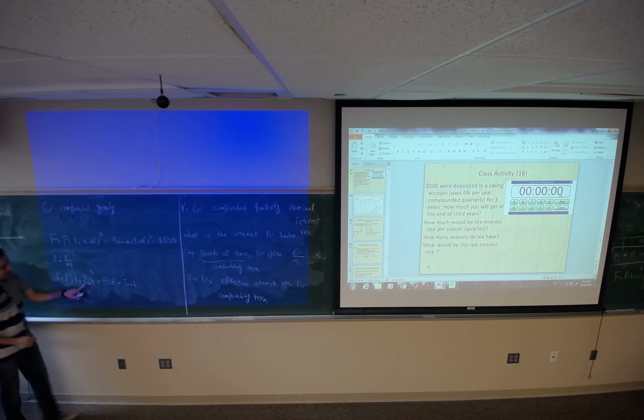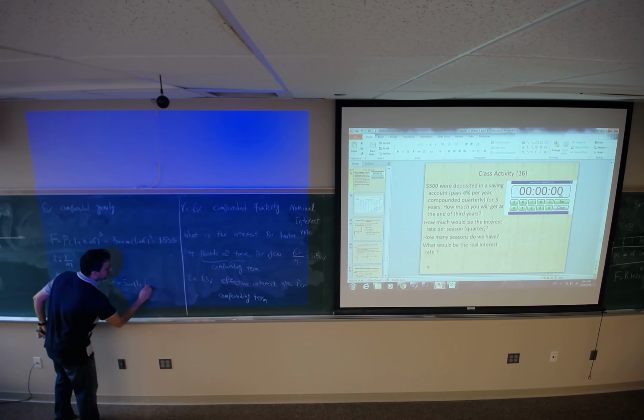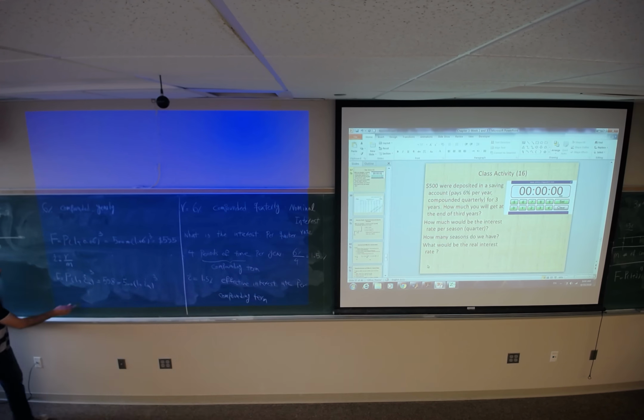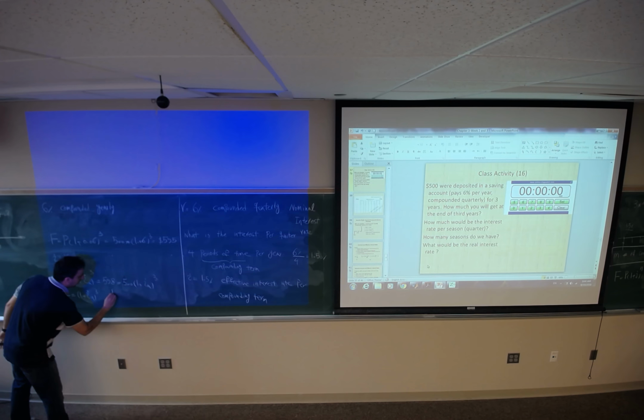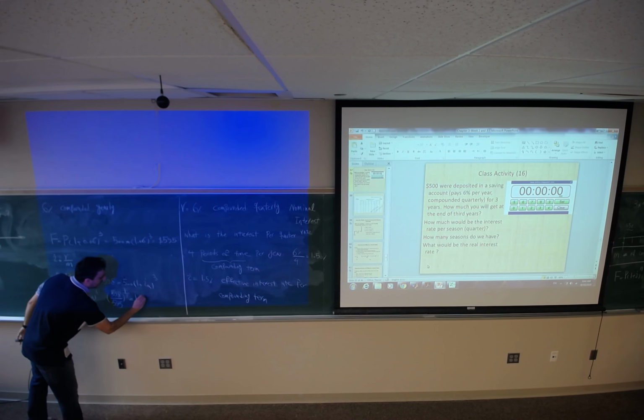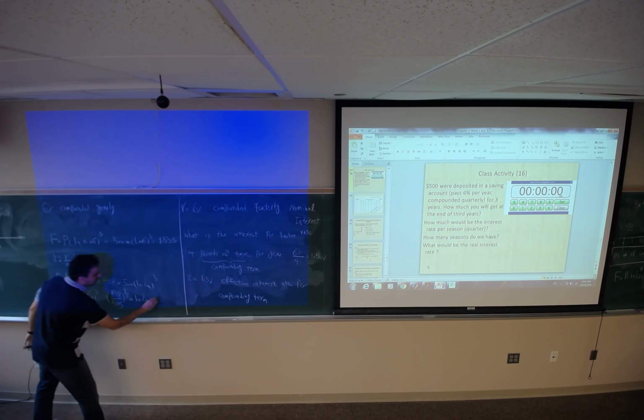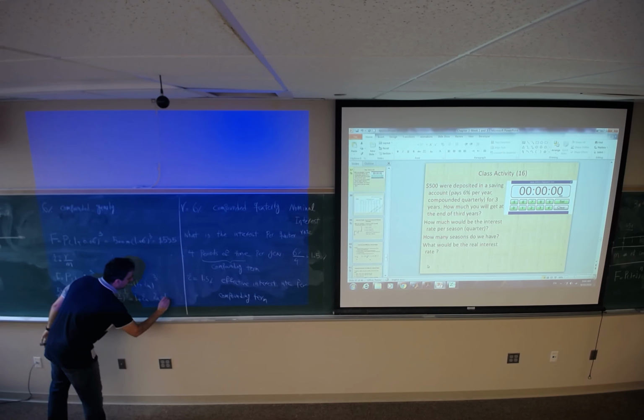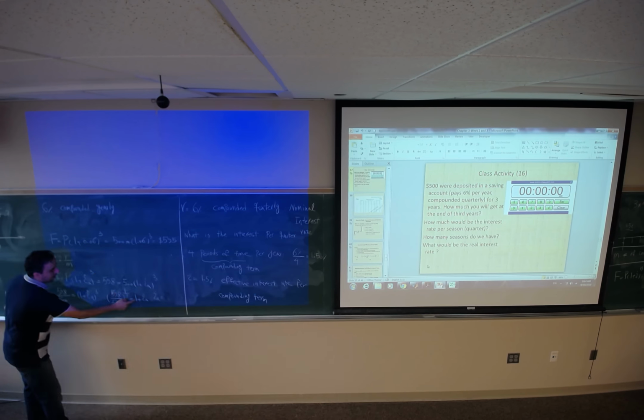What would be the interest rate which makes it possible? So 598 dividing by 500 equals 1 plus IA power 3. 598 dividing by 595 power 1 over 3 equals 1 plus IA, and IA would be this minus 1.